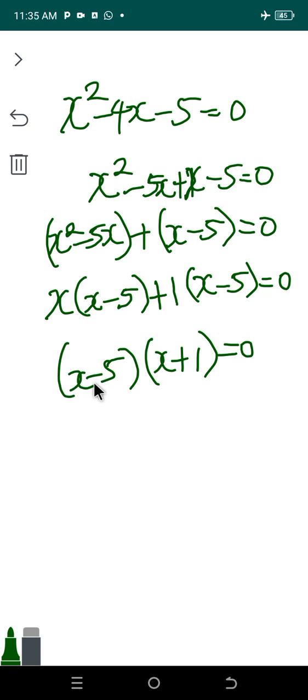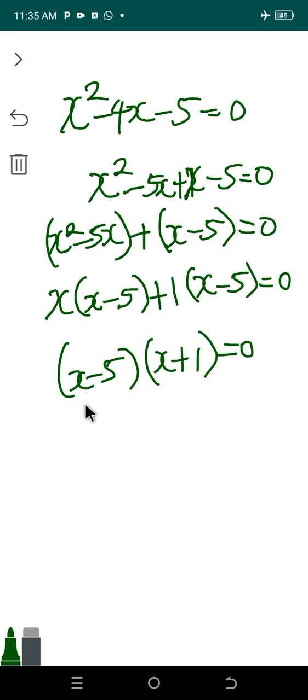At this point we should understand that when numbers multiply each other and the result is equal to 0, either one of the numbers is equal to 0 or all the numbers are 0. So let us solve and see what is there.